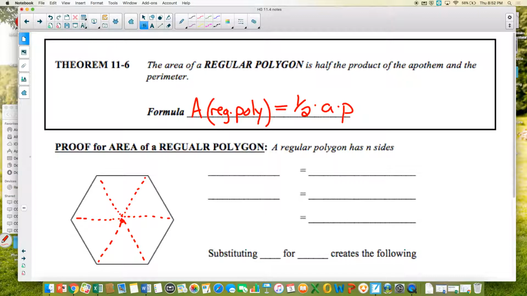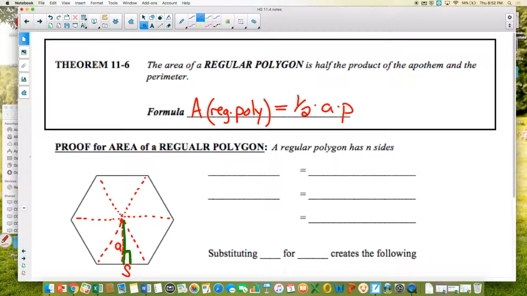And if we call each side S, so we have side S, and if we call that A for apothem, that perpendicular distance right here, actually let me change colors. This is A, the perpendicular distance.